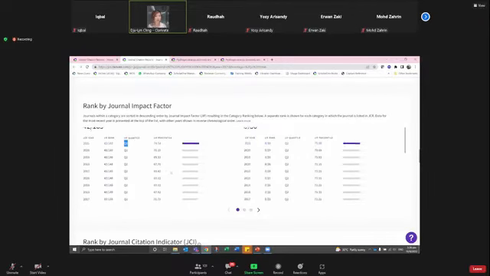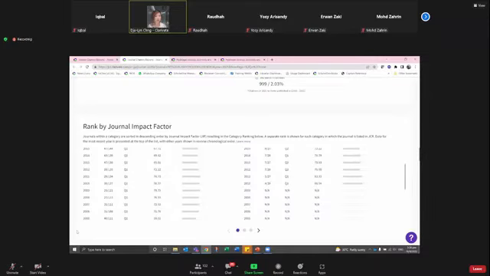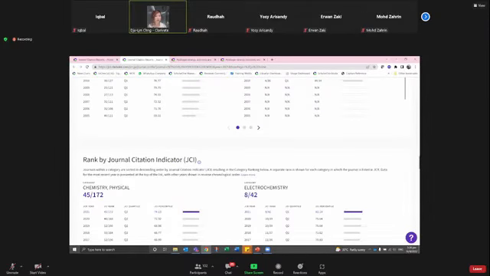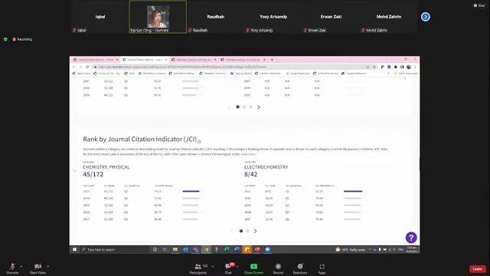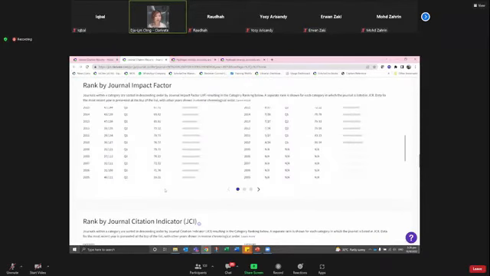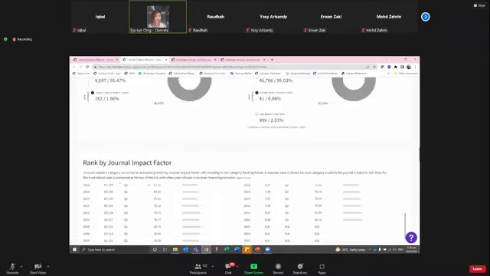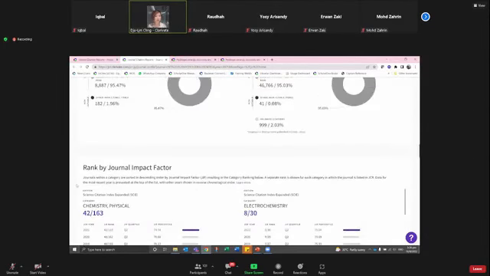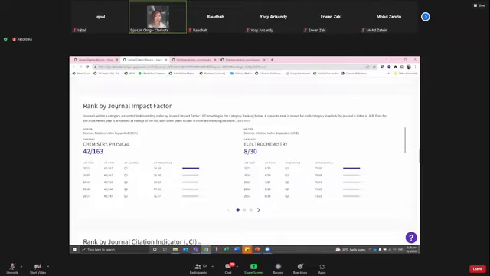The reason I'm explaining this is that with the release of the Journal Citation Indicator, we also have a rank for JCI. You can see here for chemistry, this journal is in Q2 based on the JCI quartile. There's a difference between these two. Let's look at this one. For journal impact factor, for chemistry physical, there's a total of 163 journals.